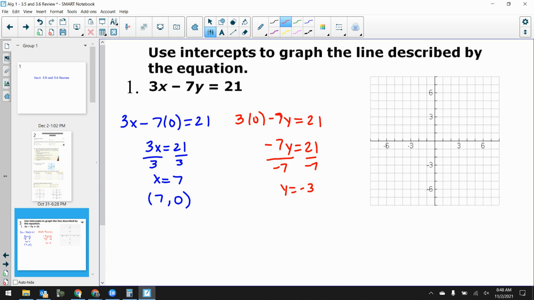But again, that is the coordinate 0, negative 3. Let's graph. 7, 0. To the right 7 units, make our dot. 0, negative 3. Down 3 units, make our dot. Graph the line through the 2 points.